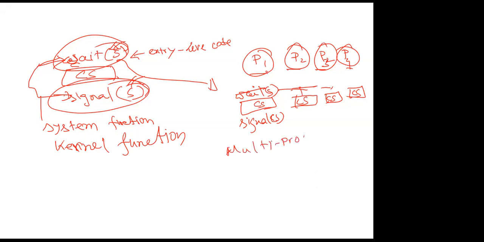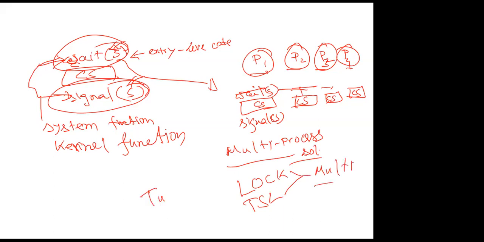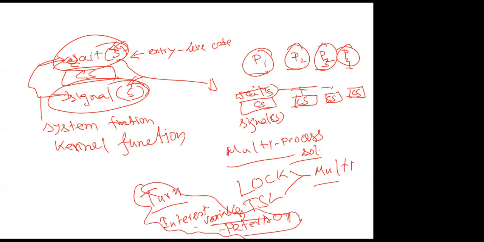You already know about multi-process and two-process solutions. The lock variable and TSL mechanisms were multi-process solutions. But the turn variable, the interested variables mechanism, and lastly Peterson's solution are all two-process solutions for busy waiting.